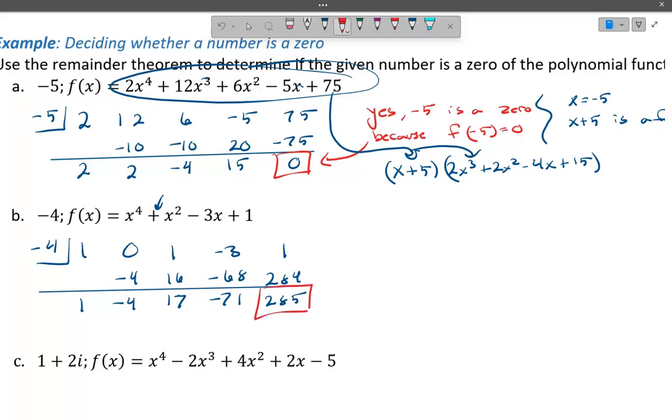And we see our remainder is not 0. So no, negative 4 is not a 0, because f of negative 4 does not equal 0.